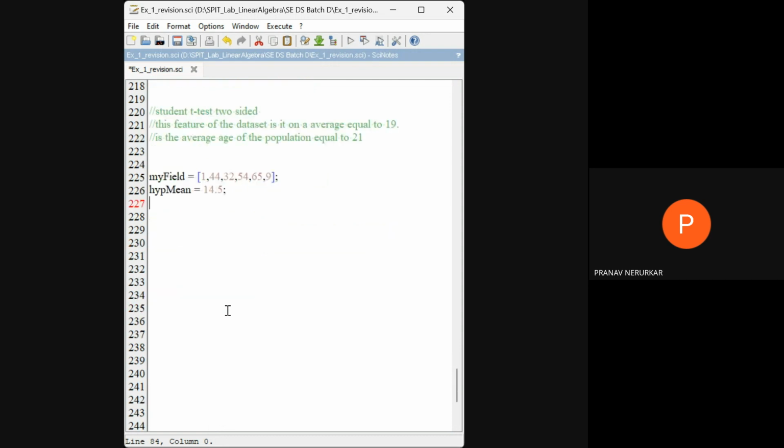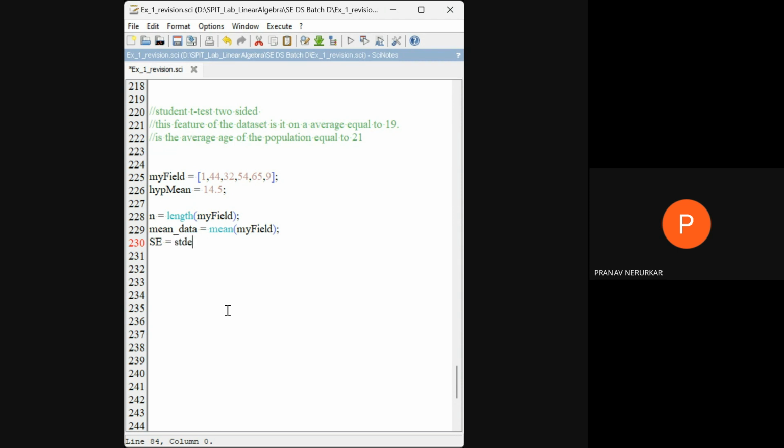So first, to implement this test, we need the length of our array. We need the mean, and we need now the standard error.